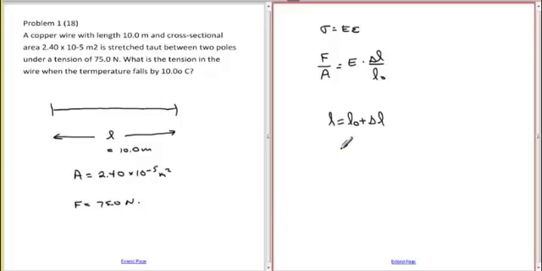So what we can do is we can solve for L0. L0 is going to be equal to L minus delta L. So we could put that up here. So delta L over L minus delta L. What we're going to do is solve for delta L. Basically, how much do we need to stretch it to cause the initial conditions?